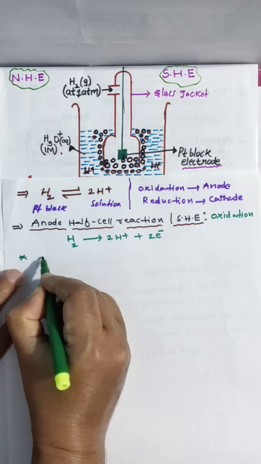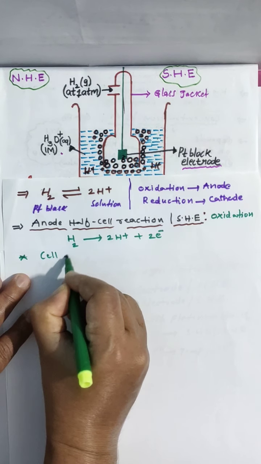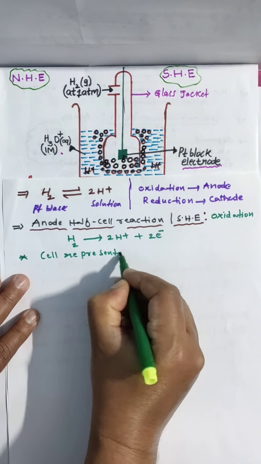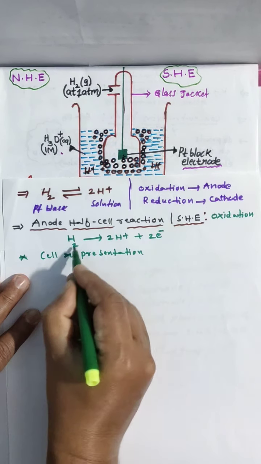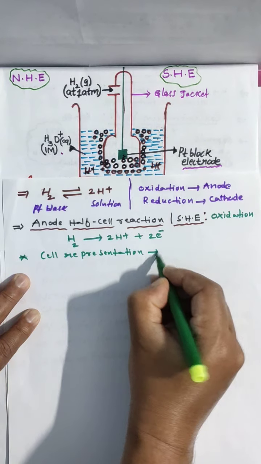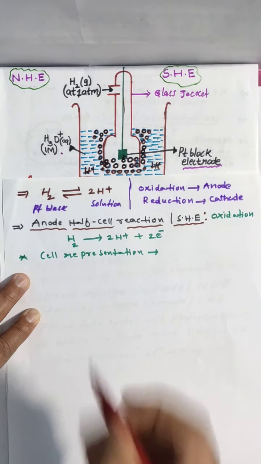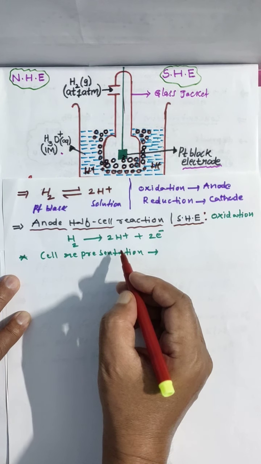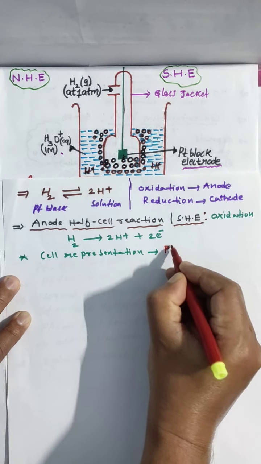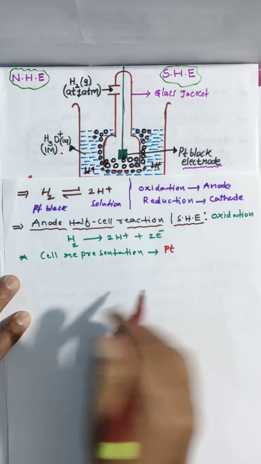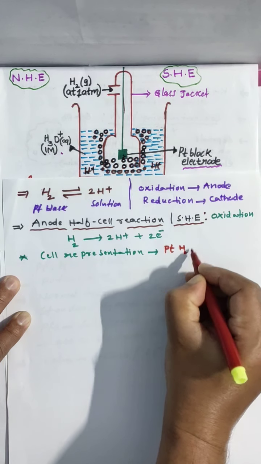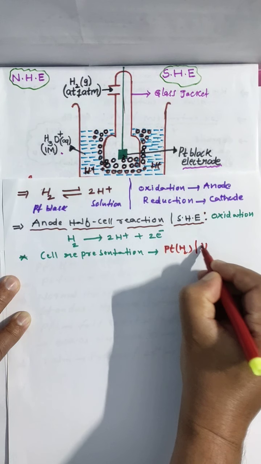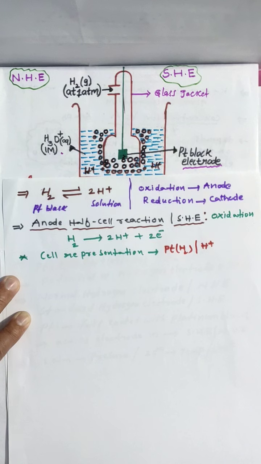Now the cell representation. How to write the cell representation for the oxidative half cell? Platinum black, that is the platinum electrode, hydrogen gas is present and connected with H plus ions. This is the representation.